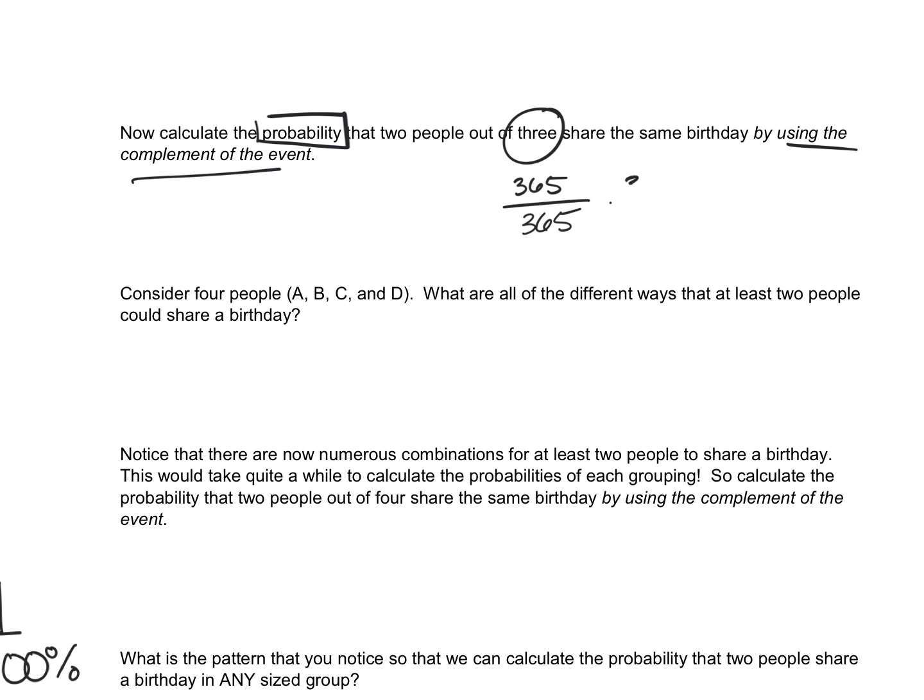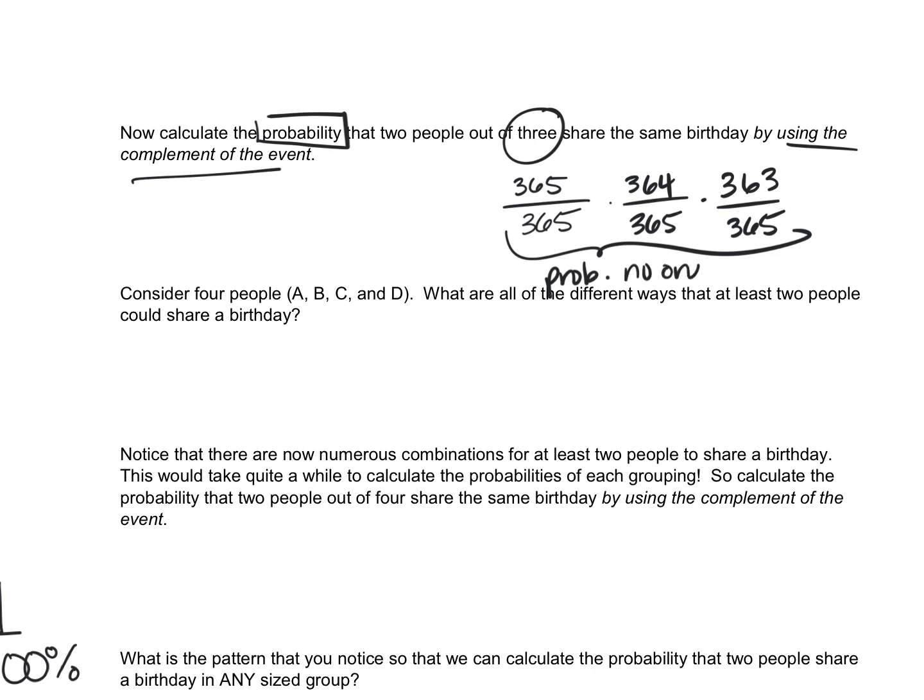But the next one, if they don't have the same birthday, there's only 364 days to choose from. And the next one also can't have one of those birthdays, so that would be 363 out of 365. So this is the probability that no one shares a birthday out of those 3 people.